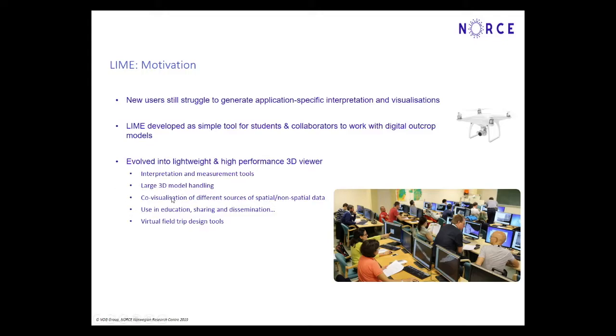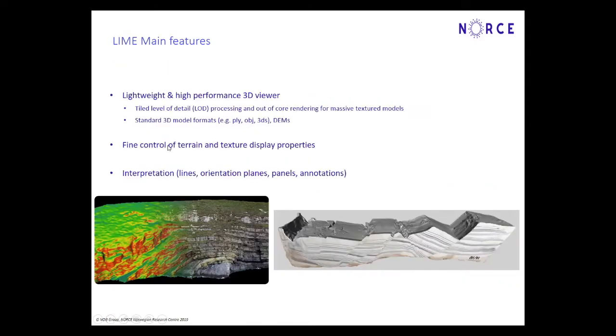Lime allows us to visualize all this data, and virtual field trips are a key part of what it's become about. As it says, the main feature is a lightweight, high performance viewer, because it uses level of detail mapping, and it looks at 3D models in a whole variety of formats. The most common one output from Agisoft Metashape is the .obj.